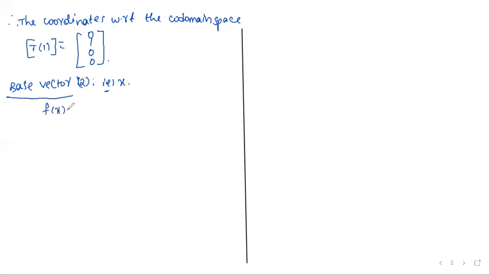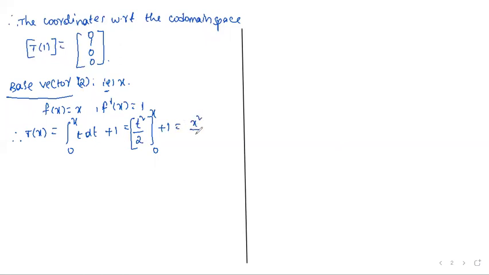So let f(x) equals x, then f'(x) equals 1. Therefore the image T of x equals integral 0 to x of t dt plus 1, that is t^2 by 2 with limits 0 to x, plus 1, which equals x^2 by 2 plus 1. So the x^2 coefficient and the constant are present.